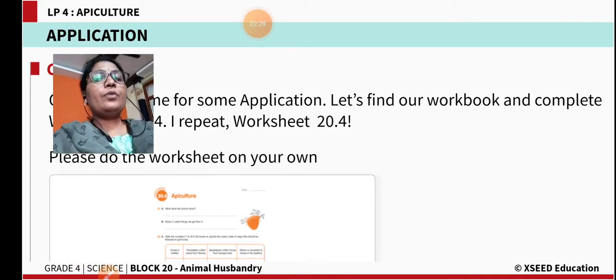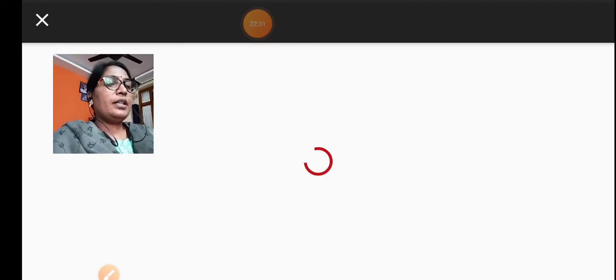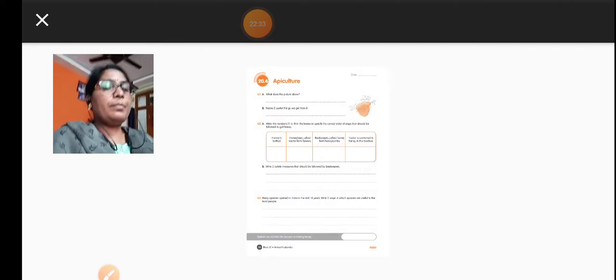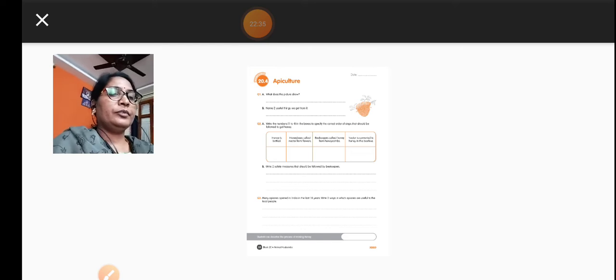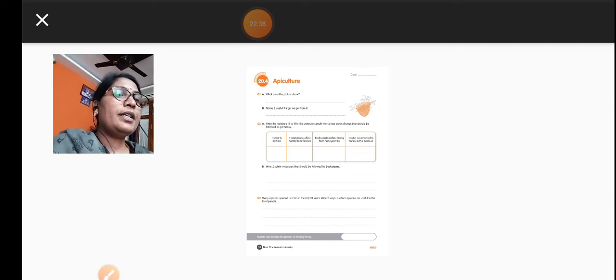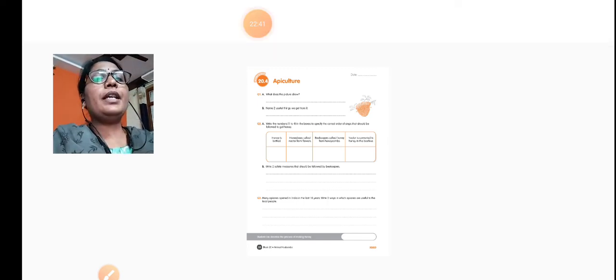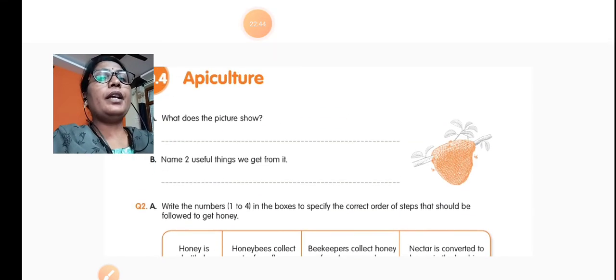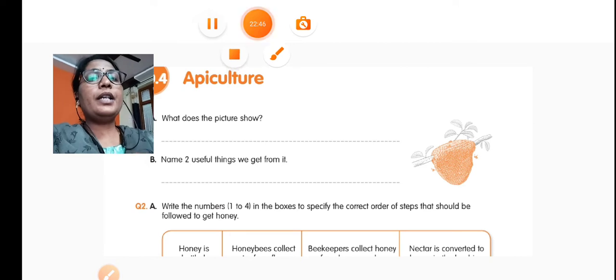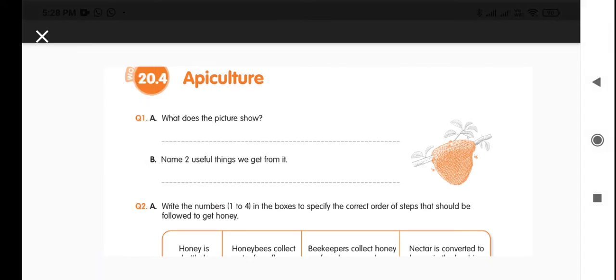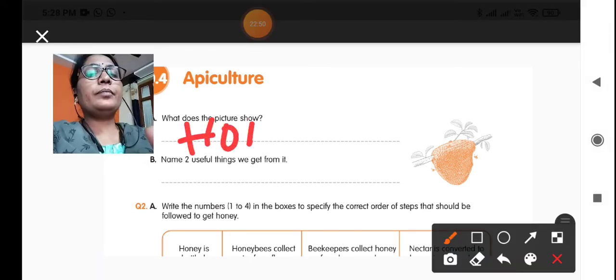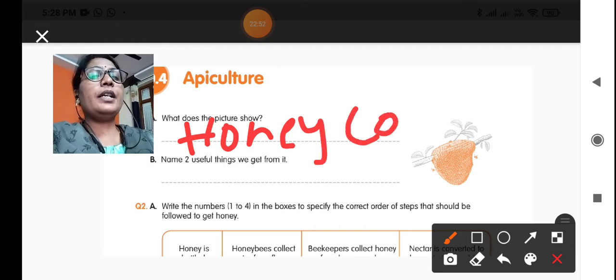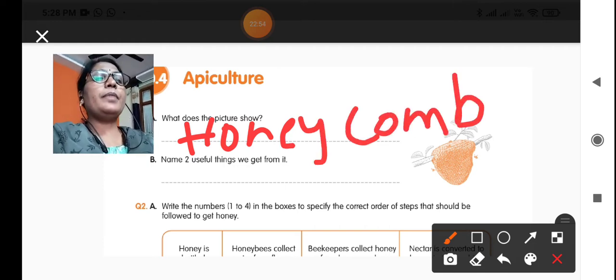And now we will see what are the related questions in apiculture. So, what does the picture show? The picture shows a honeycomb, a naturally made honeycomb from the honeybees.